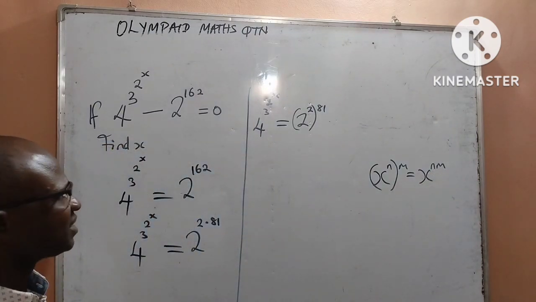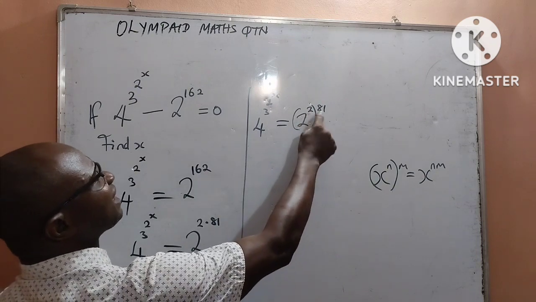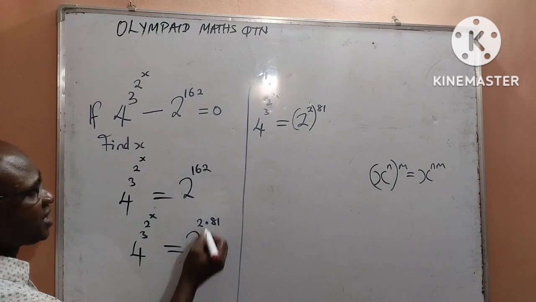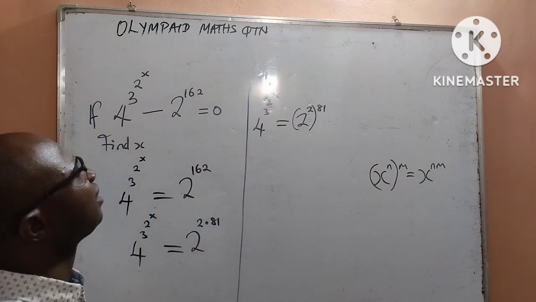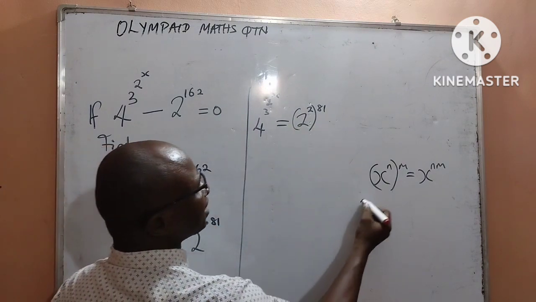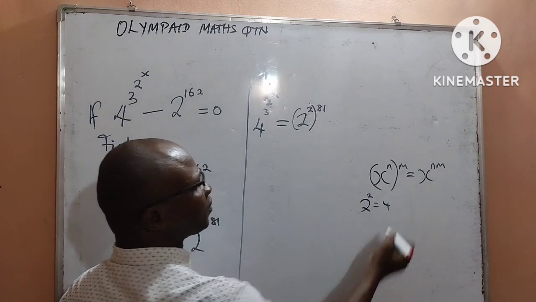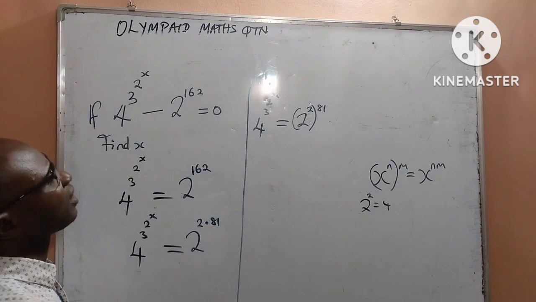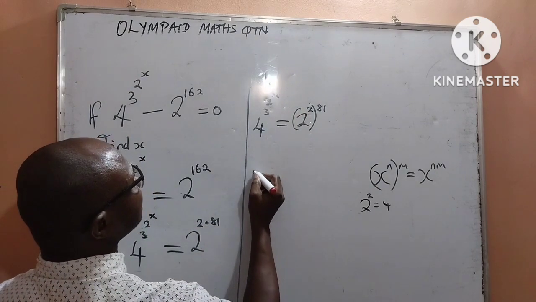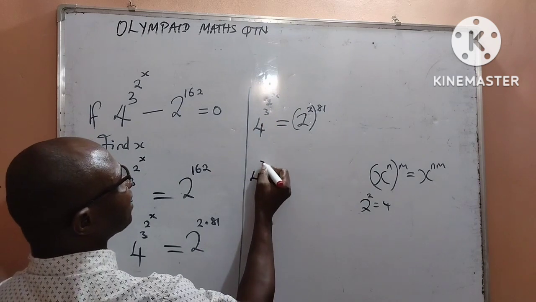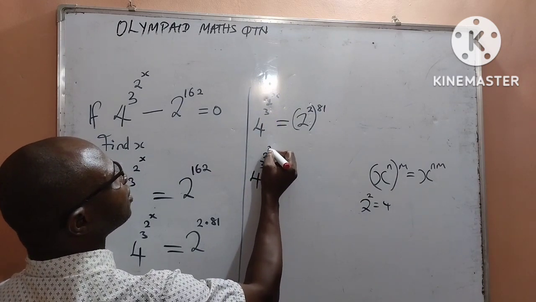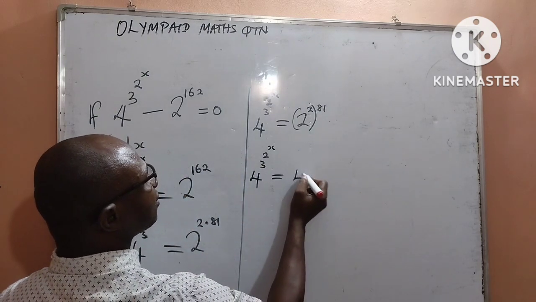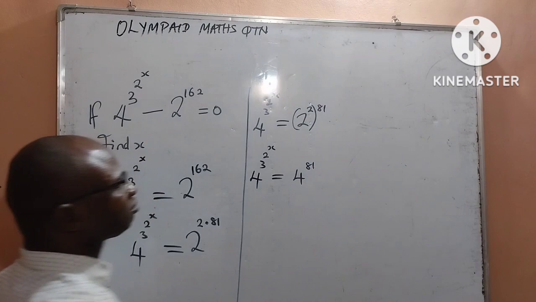Product law of indices. If I multiply 2 by 81, I still get back my 162. Moving on, you can agree with me that 2 raised to the power 2 is equal to 4. So I can write 2 to the power of 2 as 4. This implies that 4 to the power of 3 to the power of 2 to the power of x is equal to 4 to the power of 81.